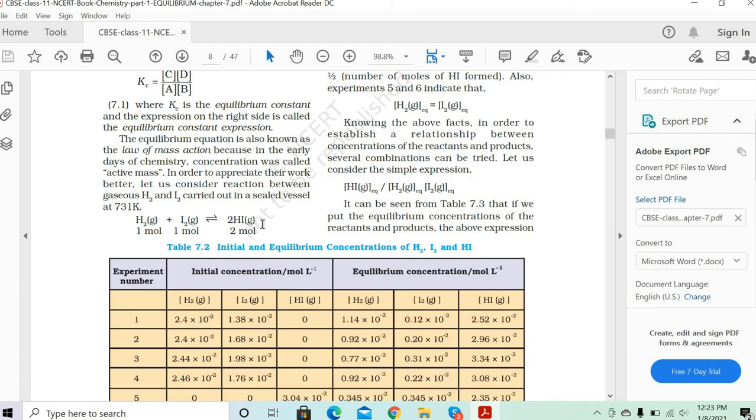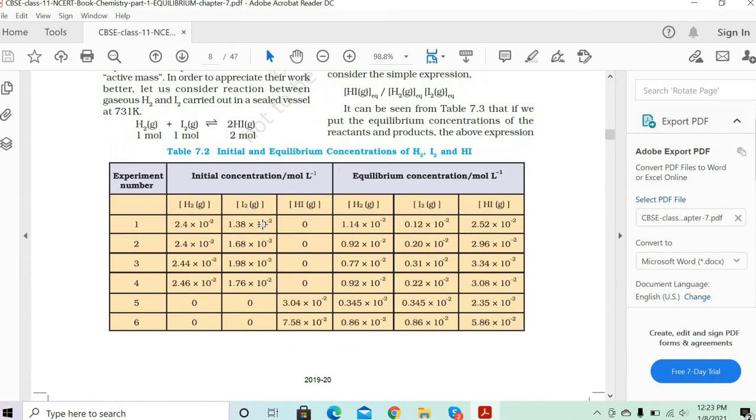Now in this case, let's understand. Just go through table 7.2. We are trying to find the equilibrium constant of this reaction. Rows 1 to 4 are the forward reaction.